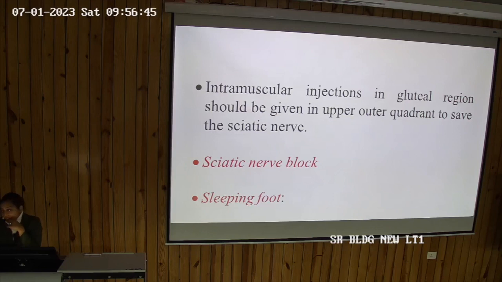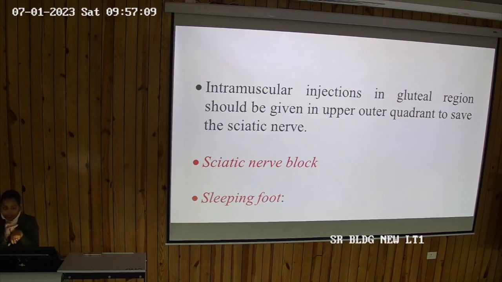Slipping foot: my foot has fallen asleep. Why does slipping foot happen? Because the sciatic nerve runs between adductor magnus and quadratus femoris muscle, and at some point it is in direct contact with the femur. So it may get compressed if you sit on the edge, or your sitting position is such that it compresses the sciatic nerve.